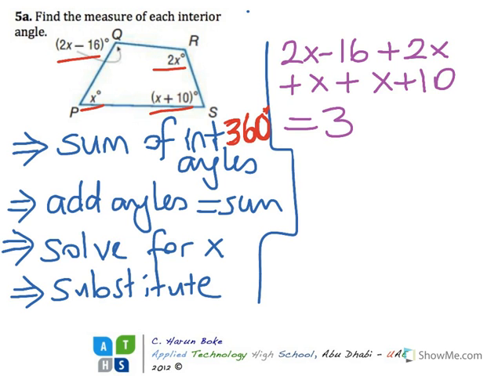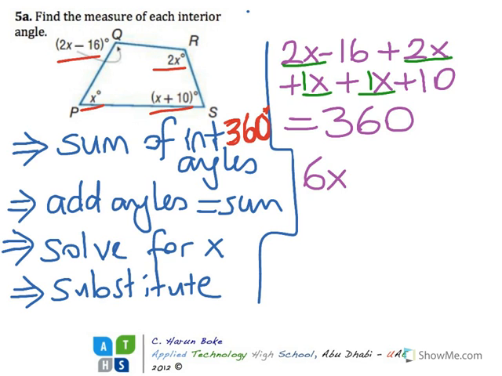This should be equal to 360. If you simplify this expression, you have 2x, 2 more, which is 4x. These are 1x each, so 4x, 5x, 6x. Let's write 6x.